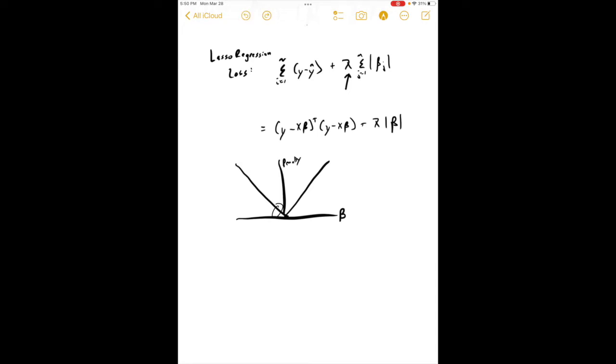It doesn't have that kind of gentle tapering off that ridge regression had. And so lasso regression is more likely to push coefficients all the way to 0. So a common use of lasso regression is actually for feature selection. Lasso regression can be used for feature selection because it will push small betas all the way to 0, no problem.